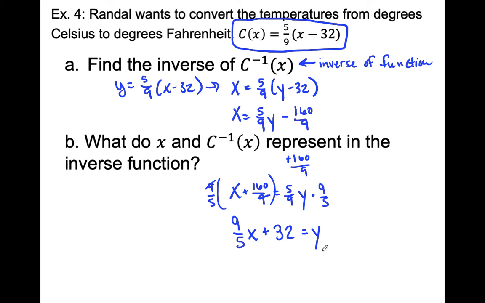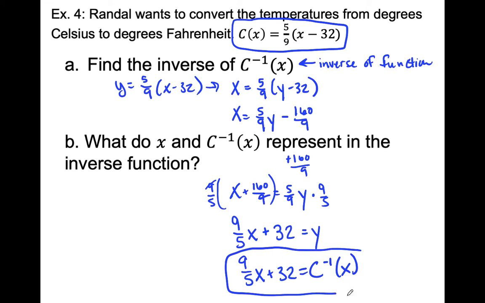But we're not dealing with y, we're dealing with the inverse of c. So 9/5 x plus 32 equals the inverse of c. Now if you accidentally write f of x, f to the negative 1 of x, that's fine, I'm not going to mark you wrong. Okay, so that's the equation.